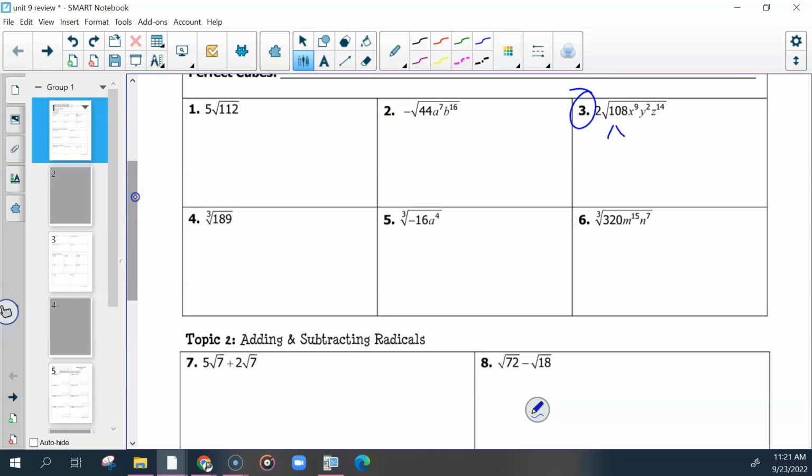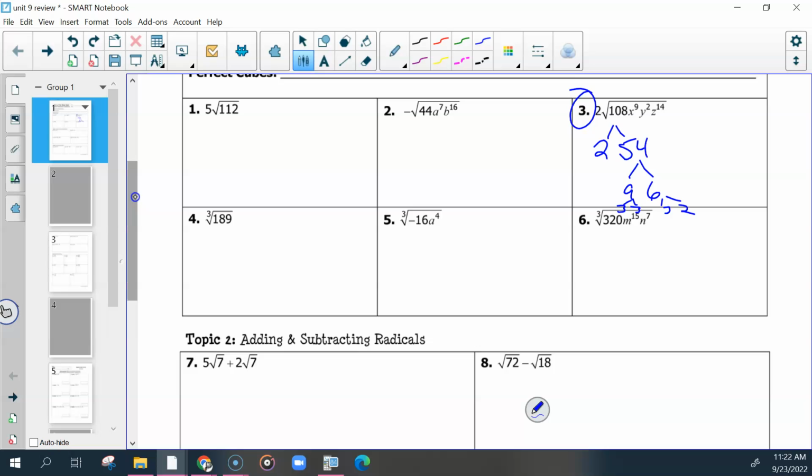Give me 2 factors of 108. 2 and 54. Okay. Give me 2 factors of 54. 9 and 6. And then we have 3 and 3, and 3 and 2.